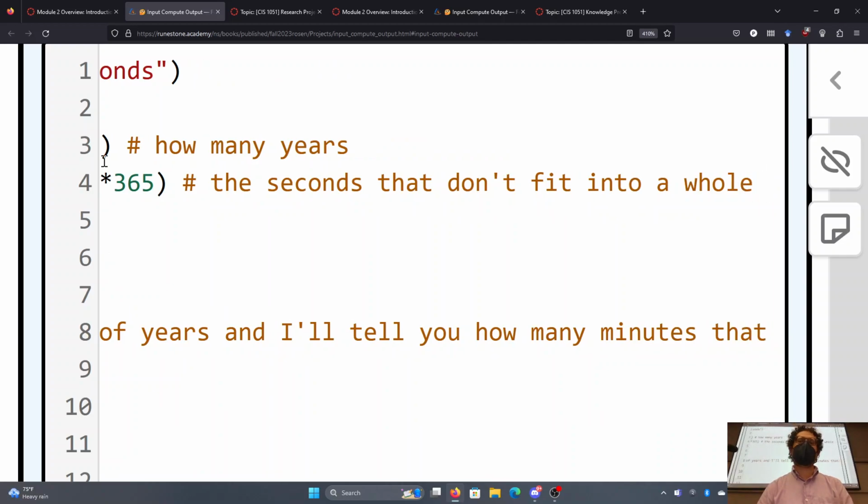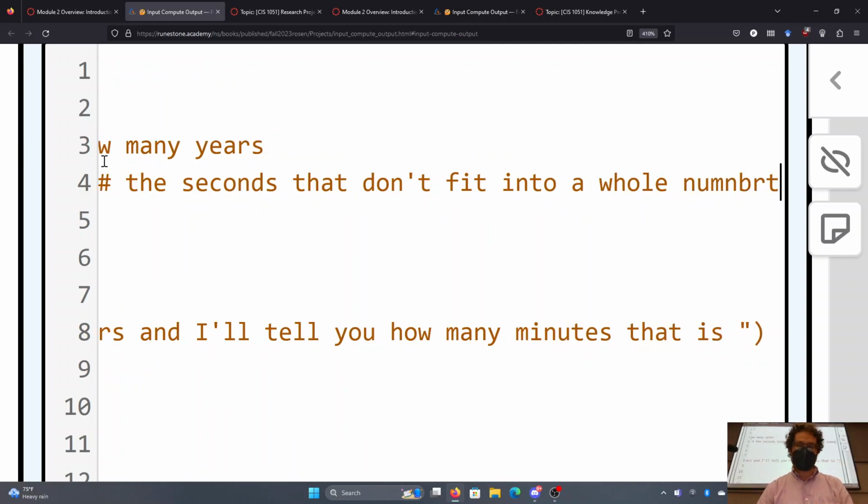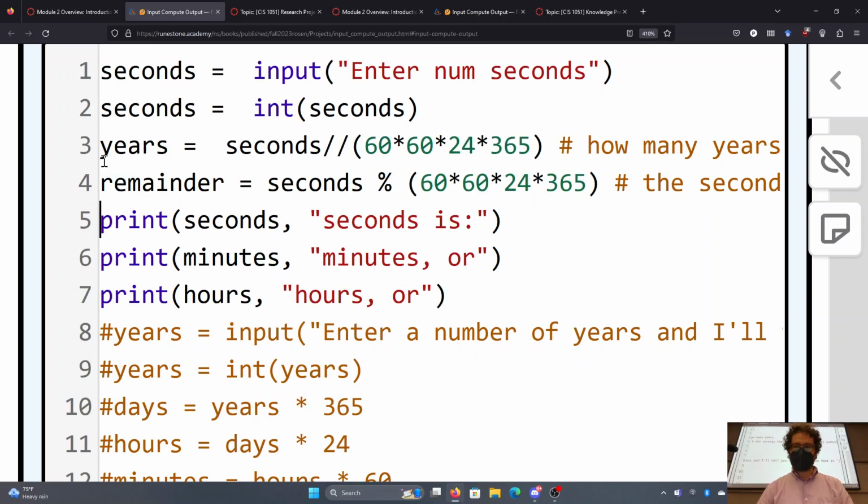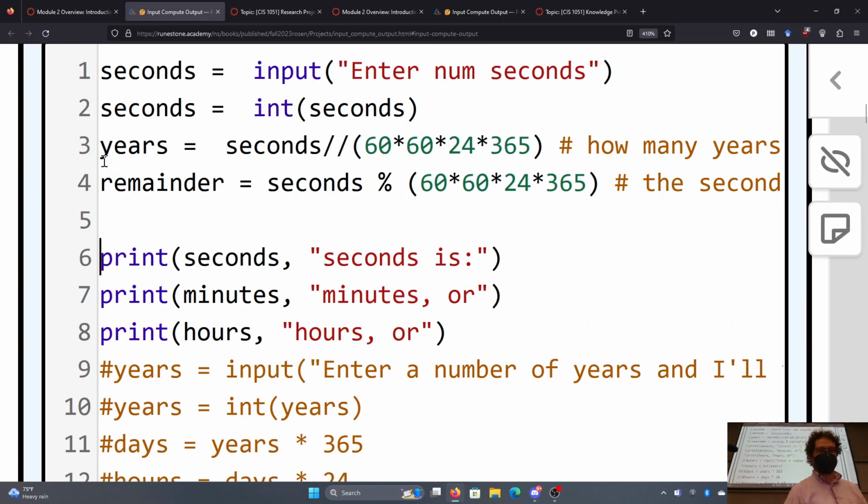It's the seconds that don't fit into a whole number. Right? Number of seconds that don't fit into a whole number. So that gives me that.